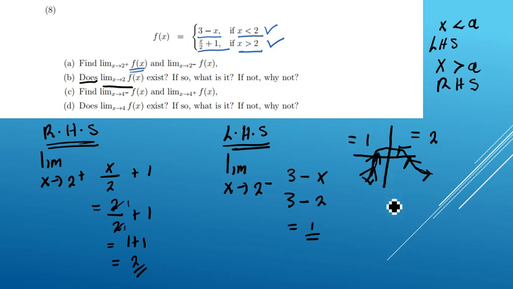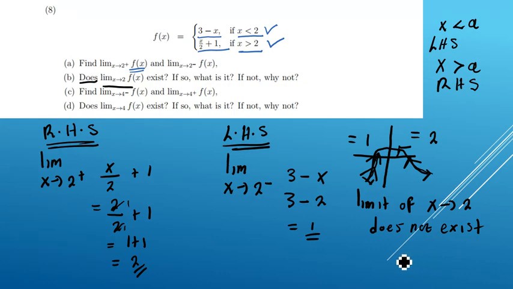And remember, in my first tutorial I told you that whenever you approach a limit from the right hand side and left hand side and you get different values, then automatically you know the limit doesn't exist. So in this case, our conclusion is that the limit as x approaches 2 does not exist.